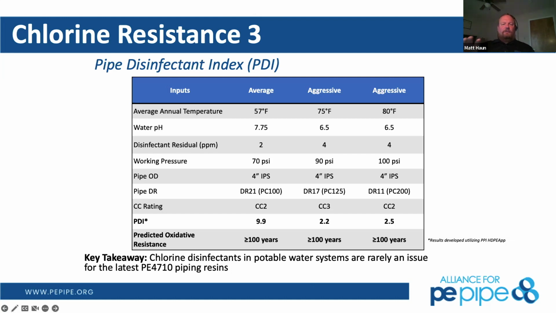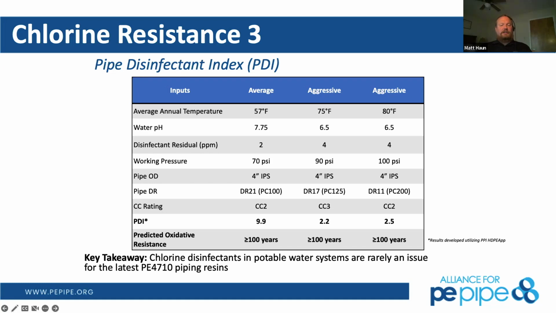Looking at the average column, the first column, you've got a pretty cool temperature, a fairly neutral pH, a pretty moderate residual disinfectant total, and a pretty common working pressure. I think 80% of potable water systems run off hydrostatic pressure from water towers, so that's generally going to run around 70 PSI because of the height of those towers.